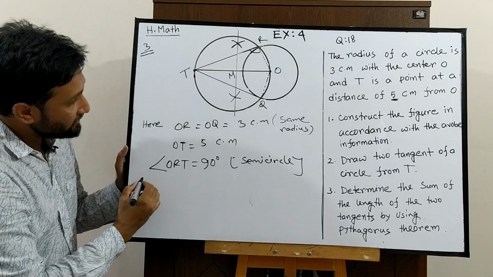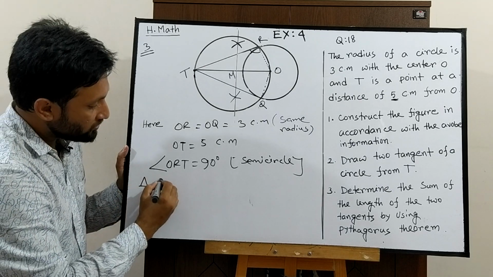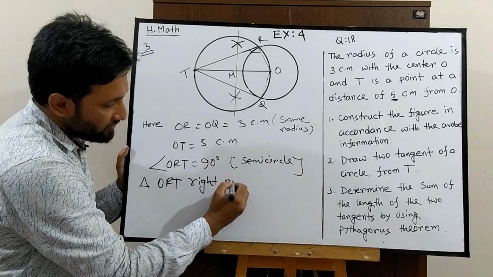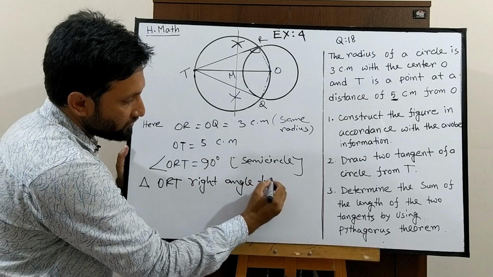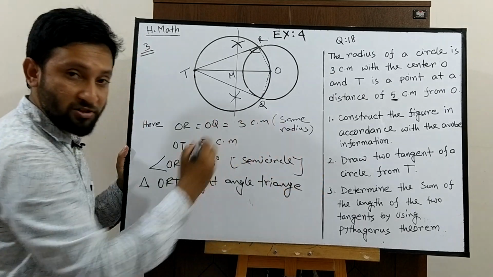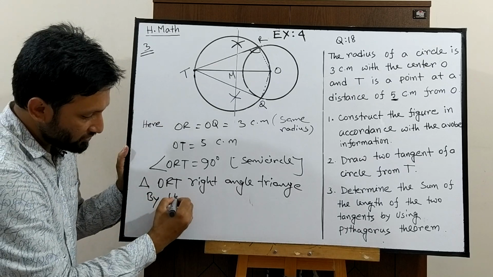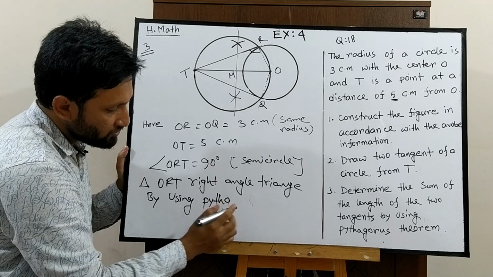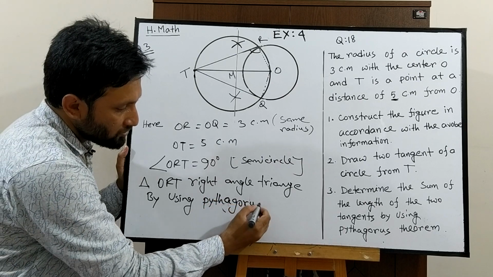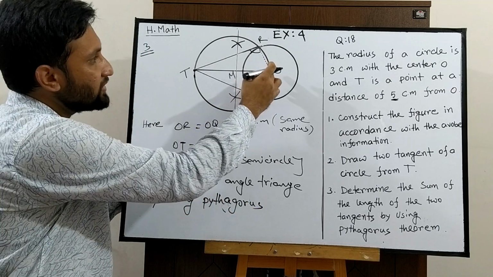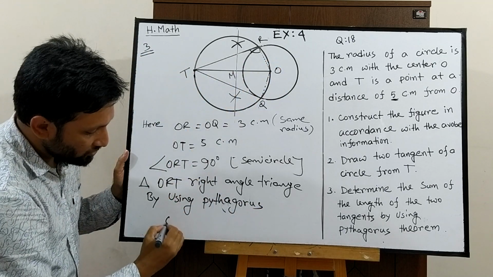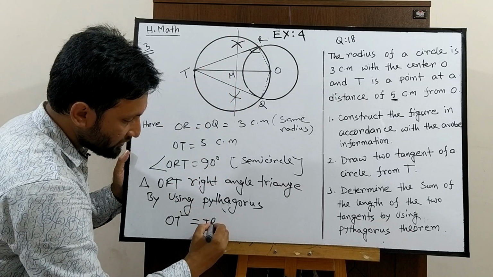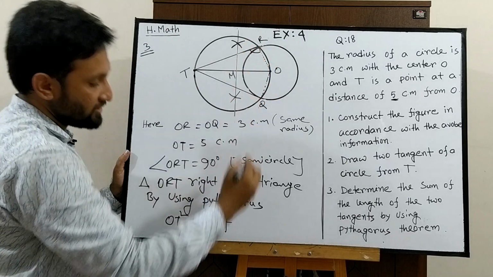So by using Pythagoras in the right angle triangle ORT, we can write the hypotenuse OT square equals TR square plus OR square.